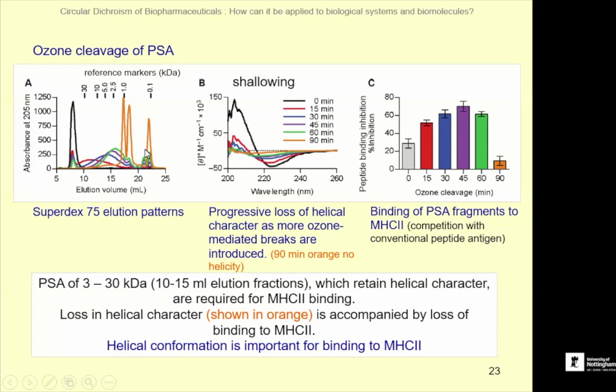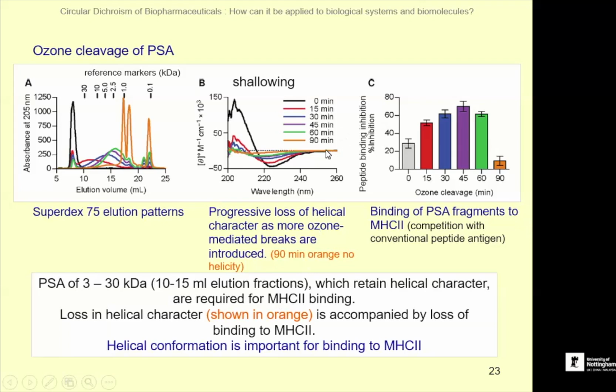And they used all these fractions from the Sephadex size exclusion chromatography to test whether they would bind to MHC2, first of all. If they bind, that's taken as T cell activation. And they also looked at the CD spectrum to see whether it was contingent on the helicity of the polysaccharide.